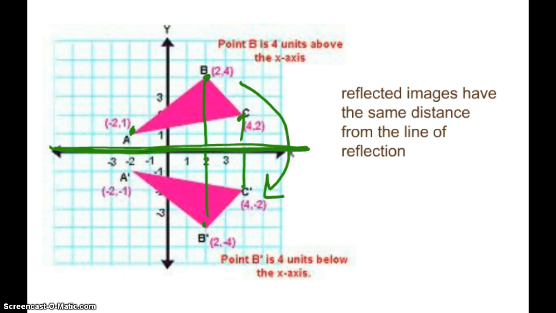A is 1 unit from the x-axis, and A prime is also 1 unit from the x-axis. So they have the same distance from the line of reflection. And again, the line of reflection here is the x-axis. It is flipped over the x-axis.